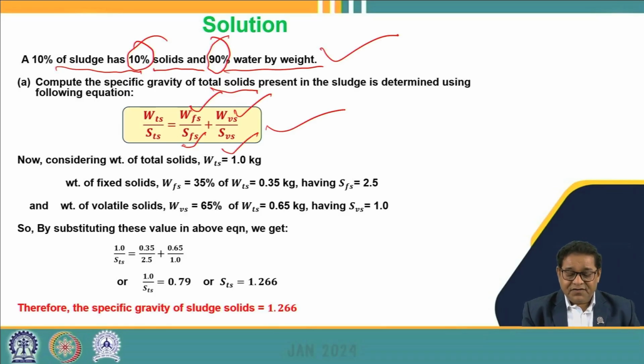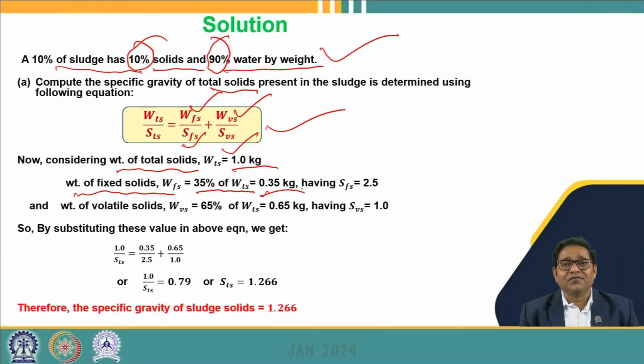If we consider the weight of the total solids equal to 1 kg in the sludge, then our weight of the fixed solids will be 35% of this total weight, which is 1 kg. So it is 0.35 kg and it has a specific gravity of 2.5.